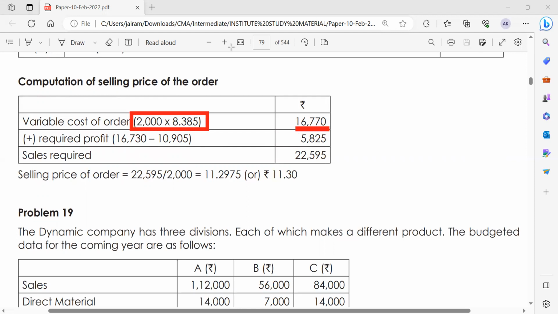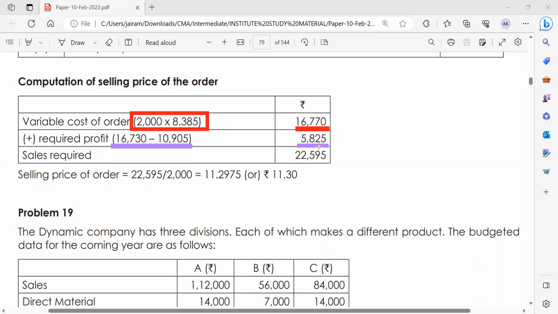And what is our required profit? Just now we discussed it, 16,730, which was the total profit required, minus 10,905, which we already got. So we want this profit. You add profit to the variable cost.